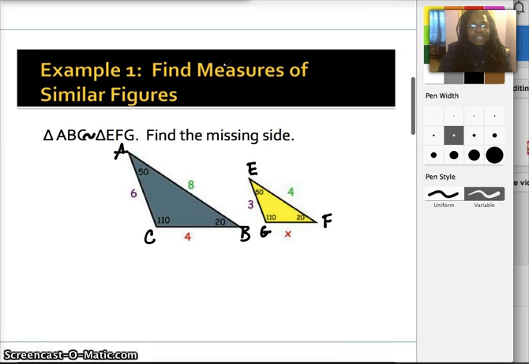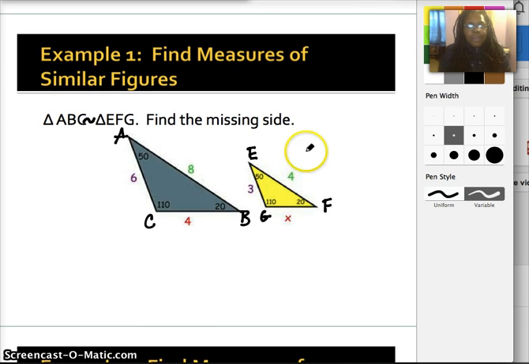Let's look at our first example. In example 1, we're going to find the measure of the similar figure, basically the missing side. In this case, the missing side is x because it's the only one labeled with a variable. So we're going to set up a proportion based on the fact that, here's the news flash, corresponding sides of similar figures are proportional.